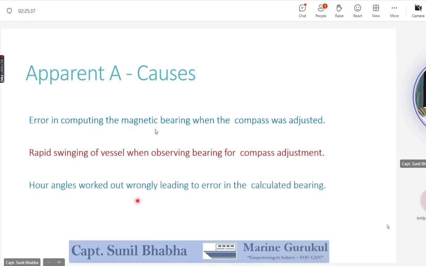Or angles worked out wrongly, leading to error in the calculated bearing. We usually obtain the compass error by calculating the azimuth by the ABC method. So if the method has been worked out wrongly, it will lead to a wrong deviation being noted down. And if we use that wrong deviation, it will give us wrong bearings or wrong heading of the ship. So there could be many other reasons also. Any reason other than magnetism which leads to a constant error on all the headings falls under the category of apparent A.